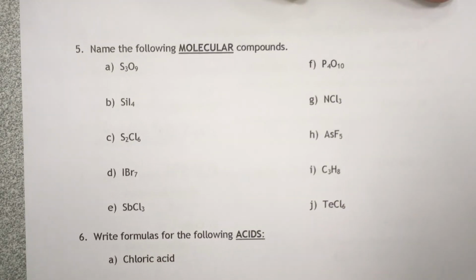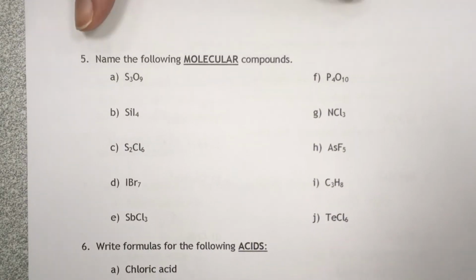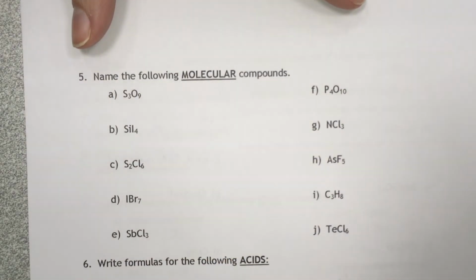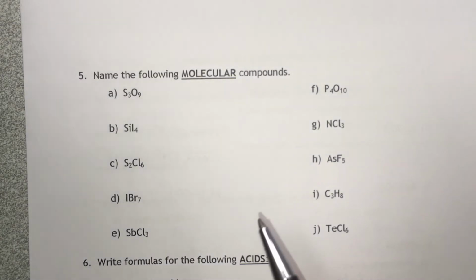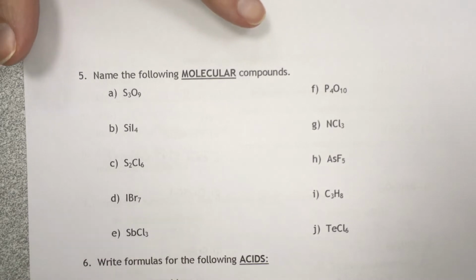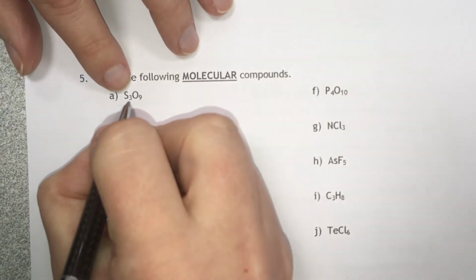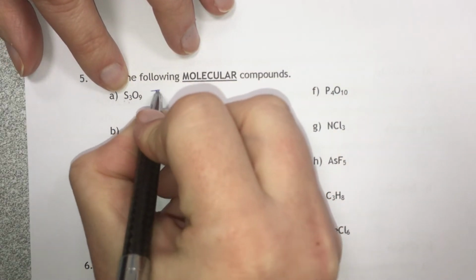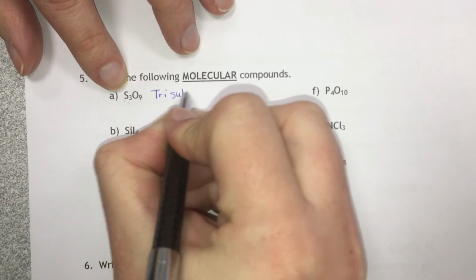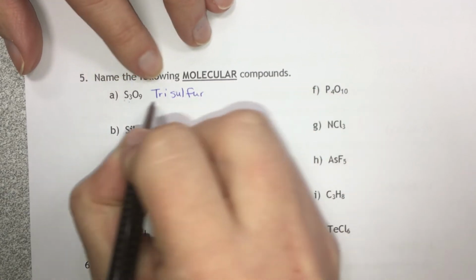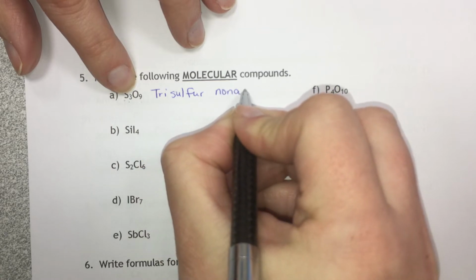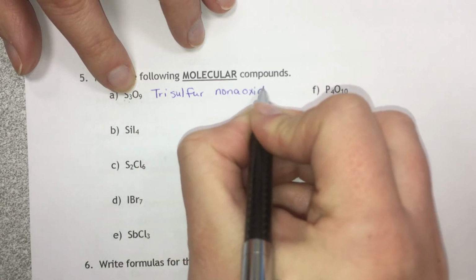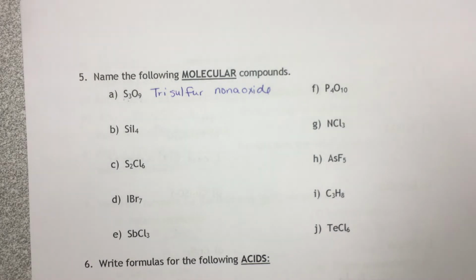Okay, name the following molecular compounds. So this is where you're just going to do what we did just a few numbers ago, but backwards. So this is trisulfur. 9 is nona, so nona oxide. Okay.